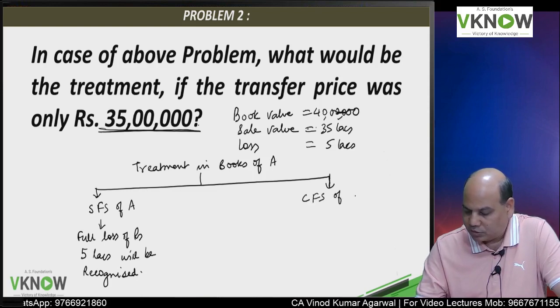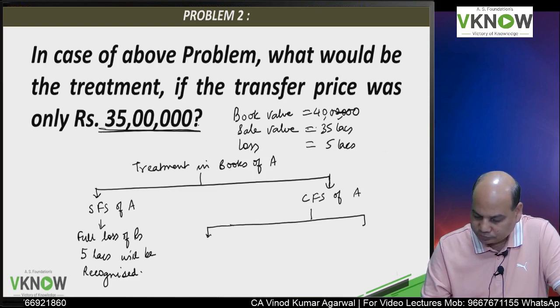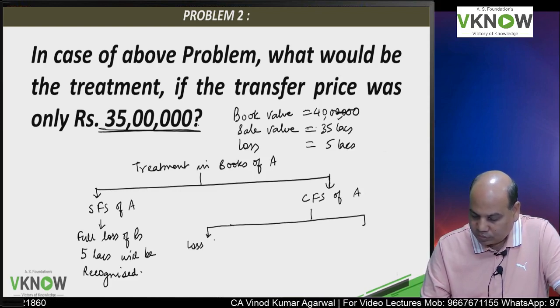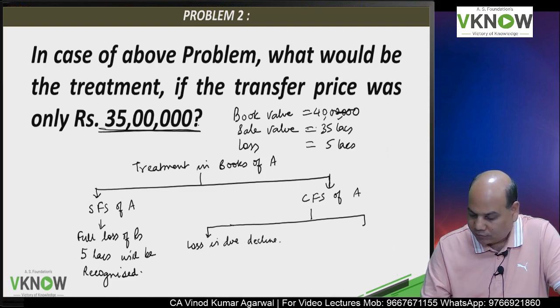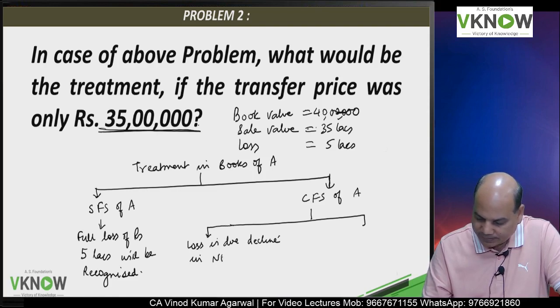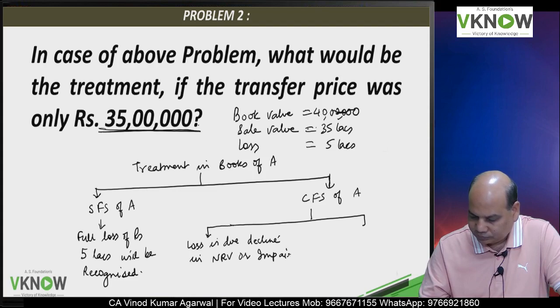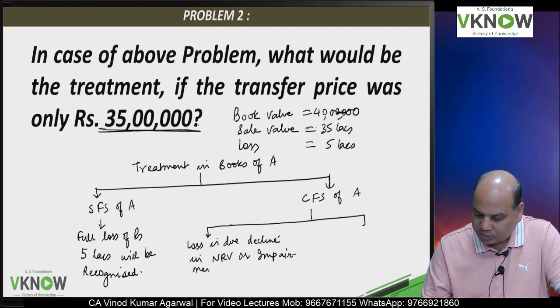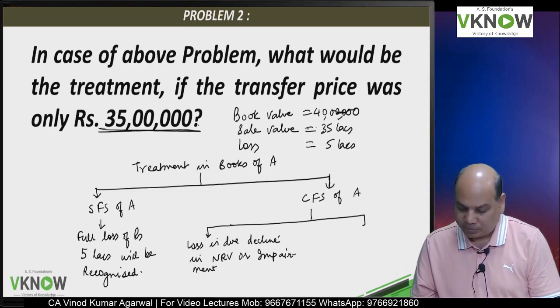In CFS of A, now there are two possibilities. Loss is due to decline in NRV or impairment.